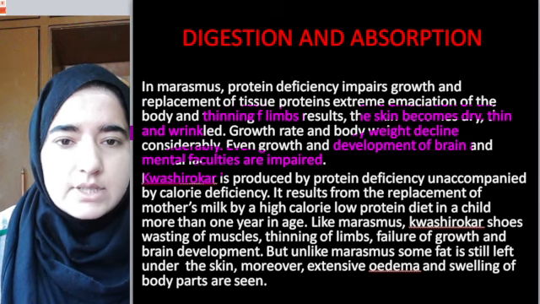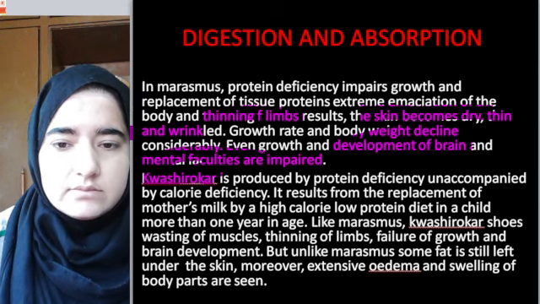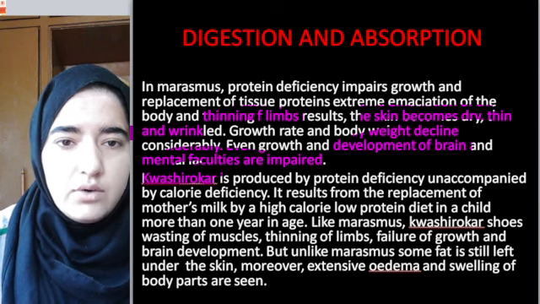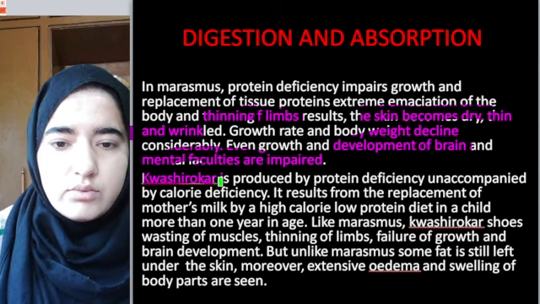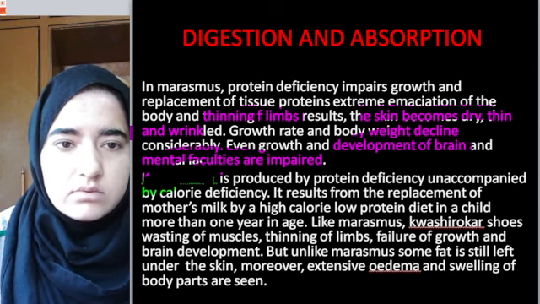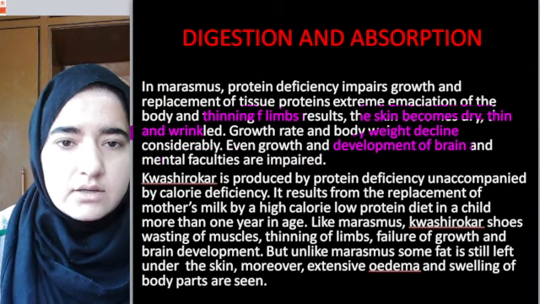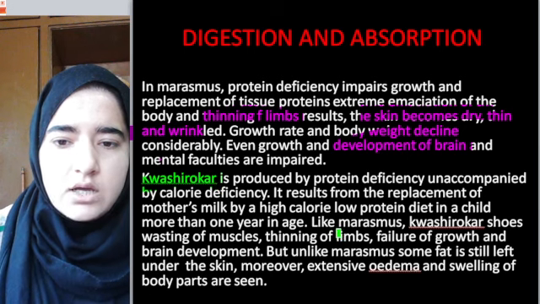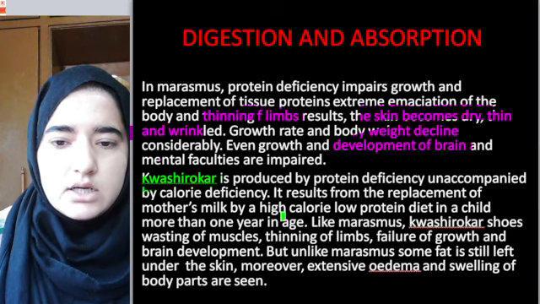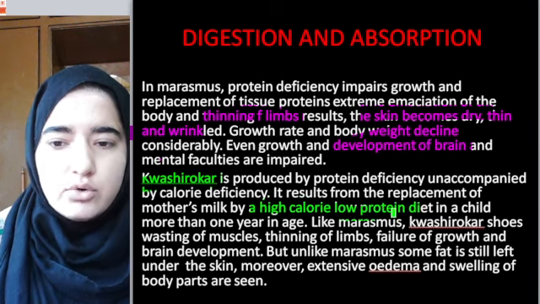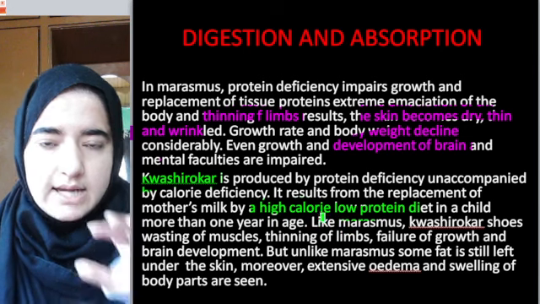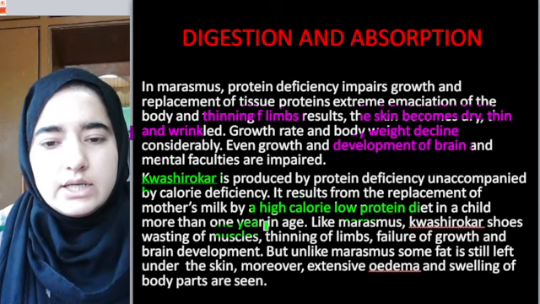What happens in kwashiorkor basically? It is a high calorie, low protein diet in a child, and it occurs at more than 1 year of age.